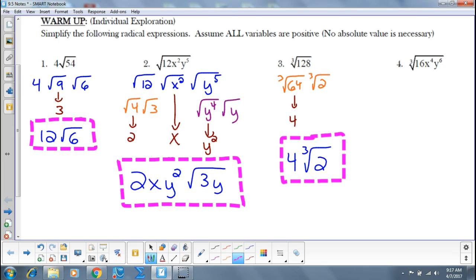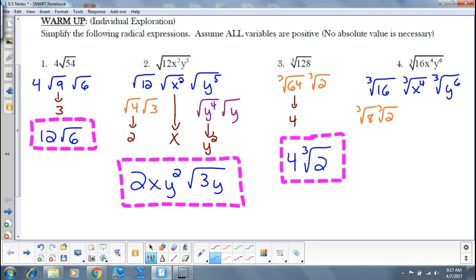Cube root of 16 here then. So that's going to be the cube root of 16 times the cube root of x to the 4th times the cube root of y to the 6th. Well, that's going to be the cube root of 8 times the cube root of 2.